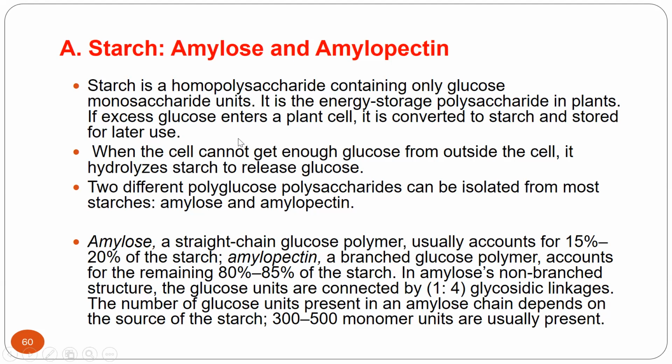Once we digest starch, it can be converted back to glucose, which is the main sugar utilized in the blood. Because the cell cannot get enough glucose from outside the cell, it hydrolyzes starch to release glucose. So there are two types of polysaccharides, or rather, polyglucose. Starch is also called polyglucose.